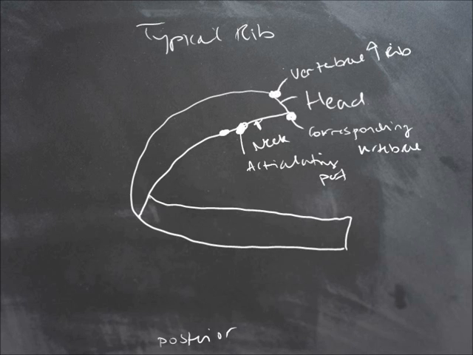Moving further down, we have the angle of the rib. This is where it bends. And then moving anteriorly on the anterior internal surface, we have the costal groove. And this is for the neurovascular bundle.